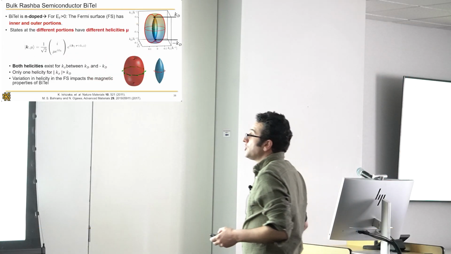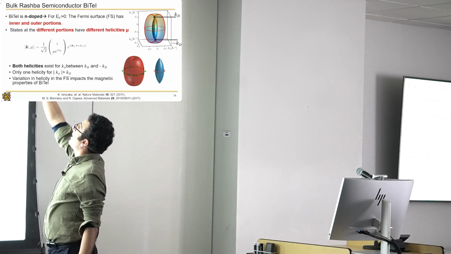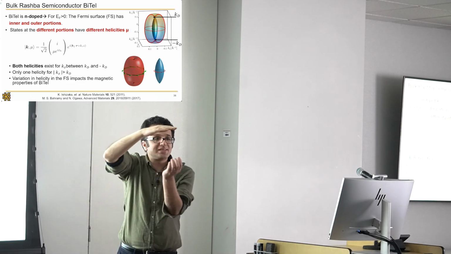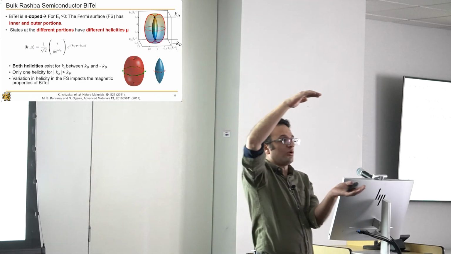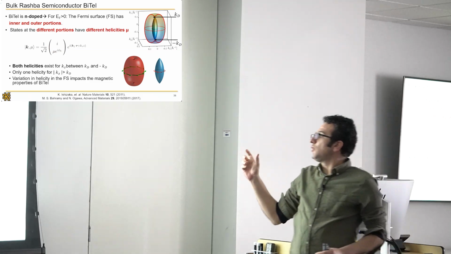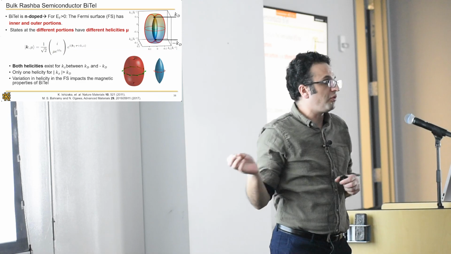Good. So both helicities exist between the points KD and minus KD, basically in between here and here. But as soon as you exceed the two Dirac points, as we call them, you will have only one helicity. And that naturally will lead to an asymmetry in the spin susceptibility that we will notice next.